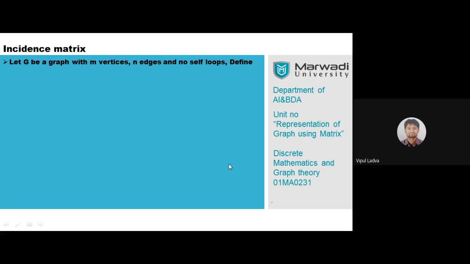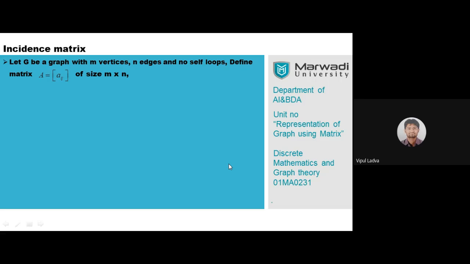Let G be the graph with m vertices and n number of edges. First of all, I'm restricting self-loop. No self-loop is there. Now, I'm defining matrix A like this, of the size m cross n. That means m means number of rows, number of vertices, cross number of edges.